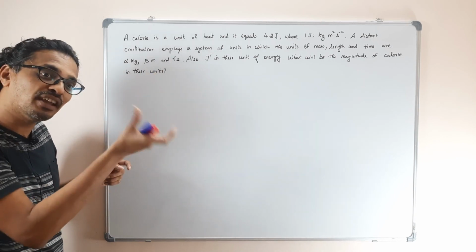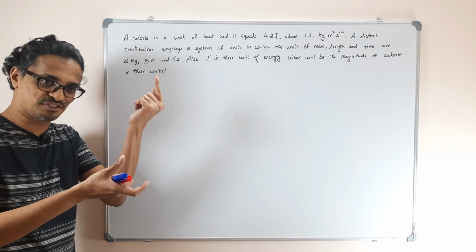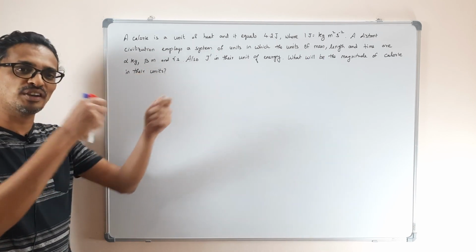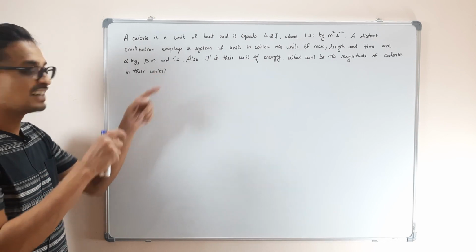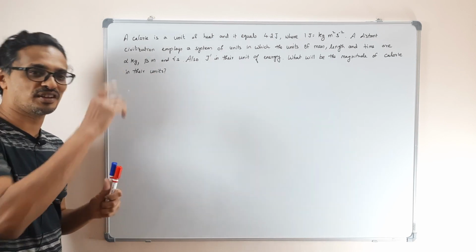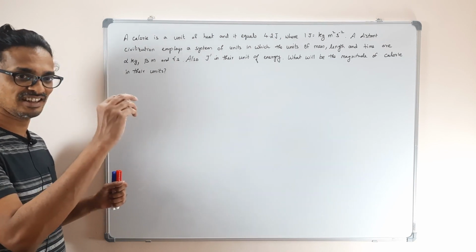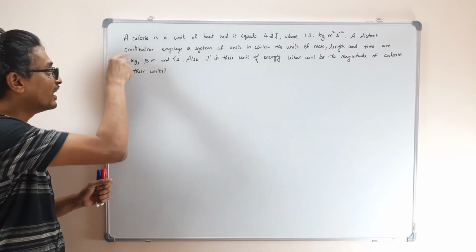So alpha kilogram is their 1 unit of mass. Similarly, beta meter is 1 unit of distance, and gamma second is 1 unit of time. So they are not using kilogram, meter and second, rather they are using alpha kilogram.